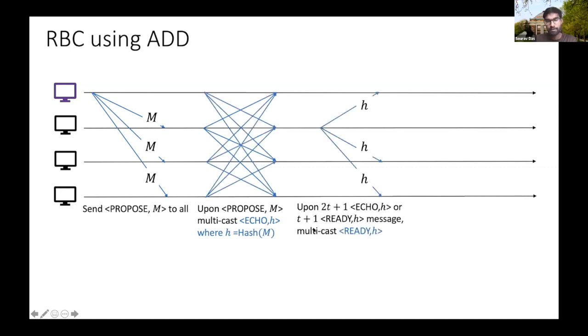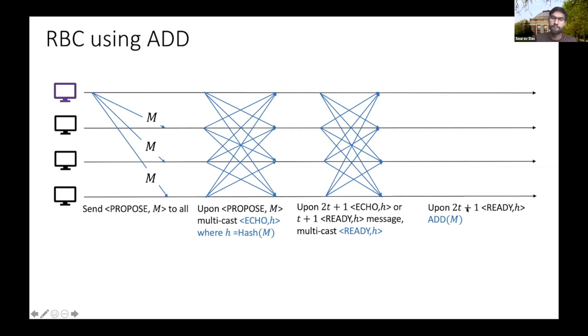The ready round is also the same; we just send ready on the hash. Once honest nodes receive enough ready messages, they start the ADD protocol on message M. At this point, we can argue that we have established the initial condition of ADD, so that once we run the ADD protocol, everybody will output the same message M. And we get a reliable broadcast primitive.